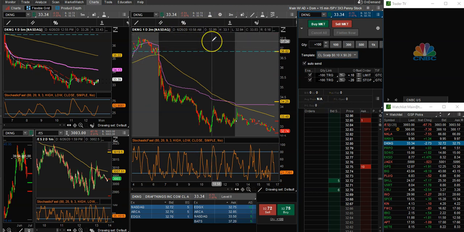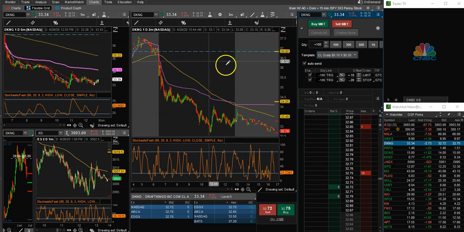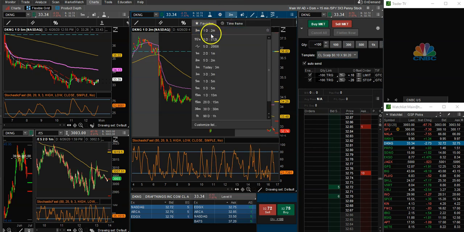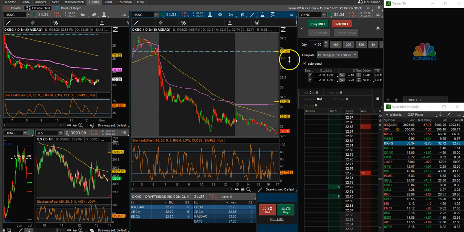Over here is my main chart, and I'm looking at it probably 95% of the time. This chart is a 2-minute, 1-day chart. Okay, so 1 day, 2 minutes, and it's a pre-market or extended market chart.